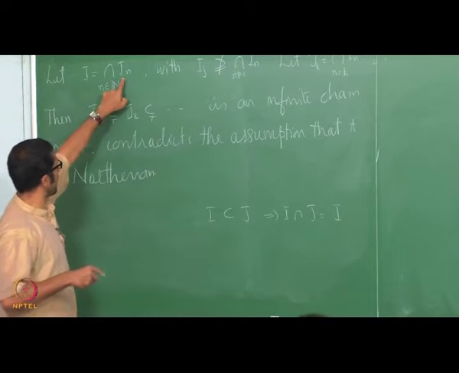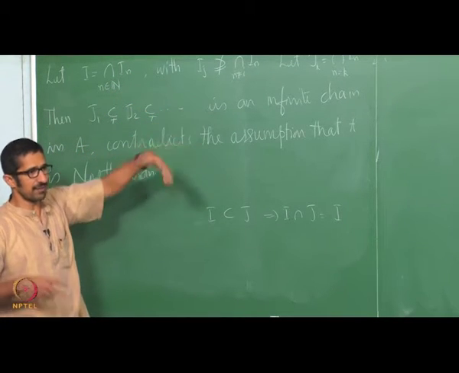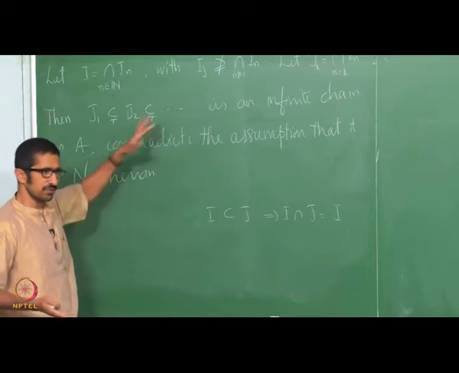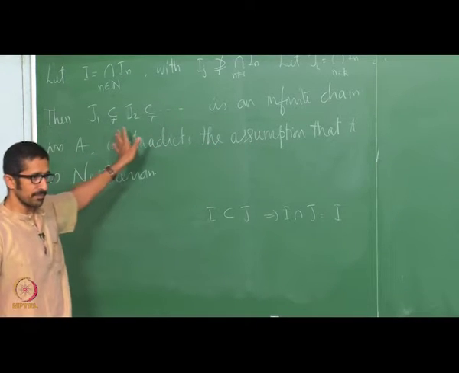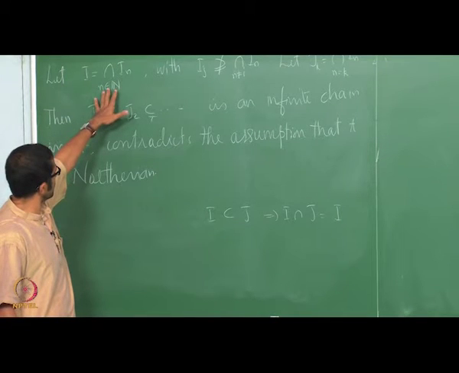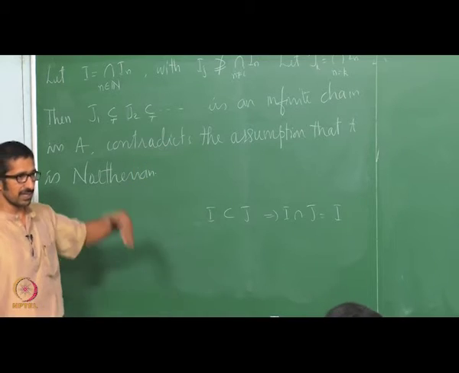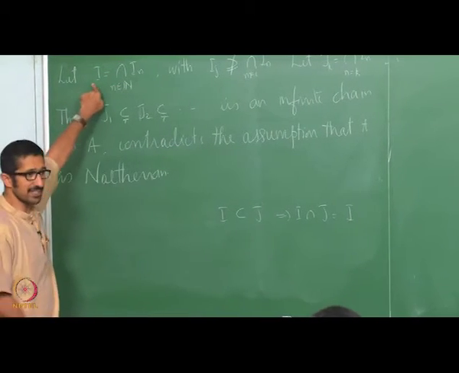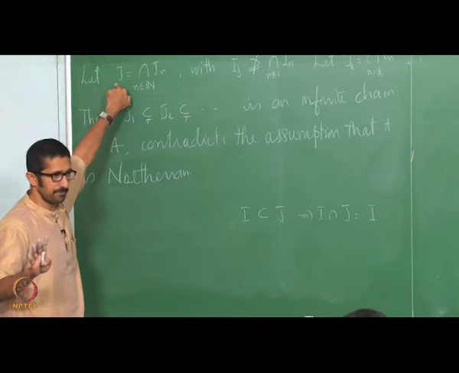If I1 contains the intersection of the rest of them, then I1 is not needed in the intersection at all. So we just throw it away, for the sake of argument, to make it simpler. Whatever remains when we throw out cannot be finite, because our assumption is that I is an ideal which does not have a finite primary decomposition.